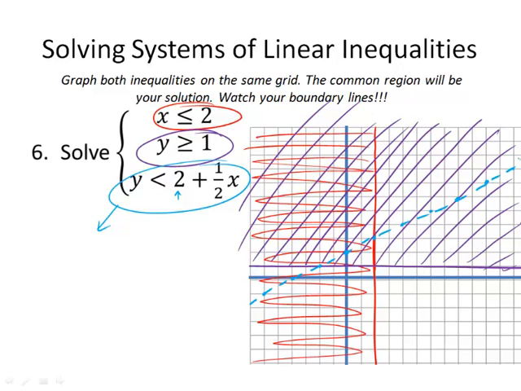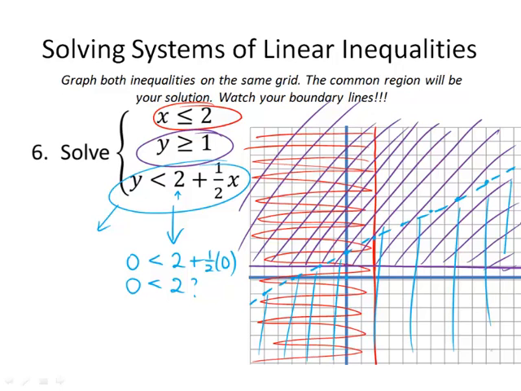Now we want to see which part do we shade. Do we shade the underneath or the over top? So plug in 0, 0 and check if 0, 0 works. Is 0 less than 2 plus 1/2 times 0? So is 0 less than 2? Yes, it is. So we're shading this whole bottom part.